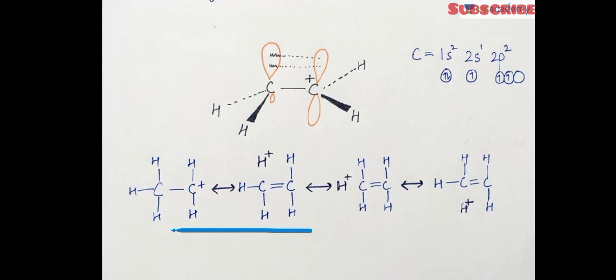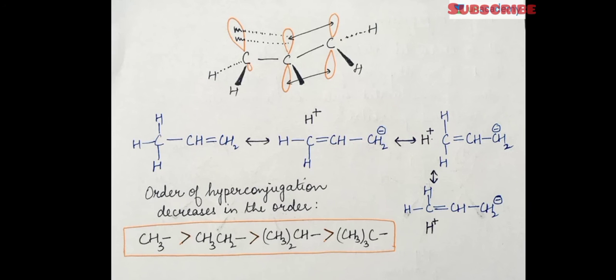Now, let's look at the next case in which we have an unsaturated system. Here, we have CH3 single bond CH double bond CH2. Since we have a double bond here, we have two p orbitals that are overlapping each other and form a pi bond. Again, delocalization of the sigma electrons involved in this bond will take place.